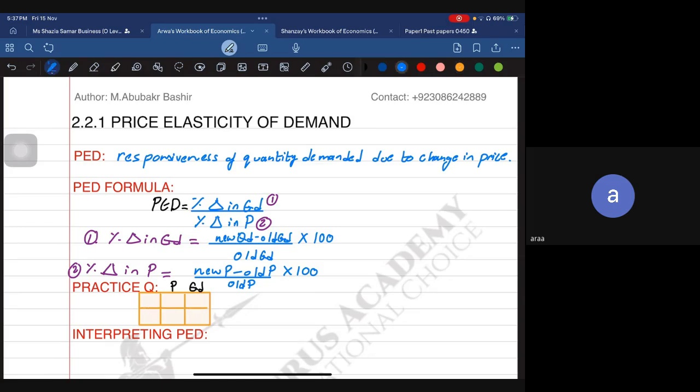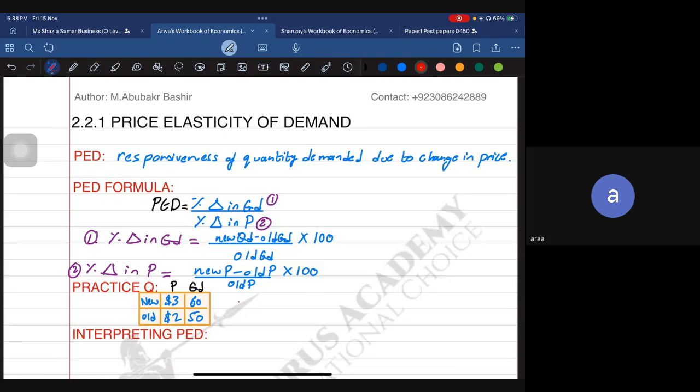So we have here new and old. So the price is $3 from $2. Okay, if I say that the quantity is 60 from 50. If I give you this, will you be able to find PED through this?